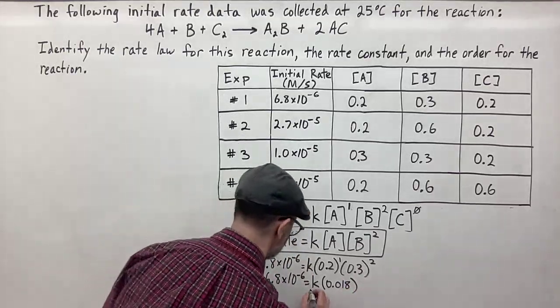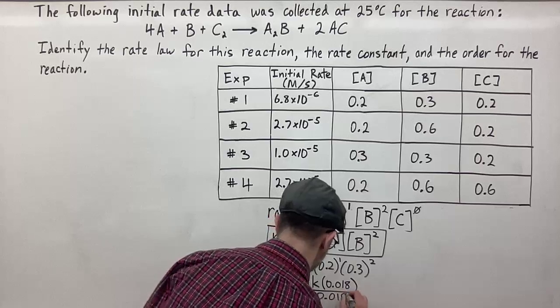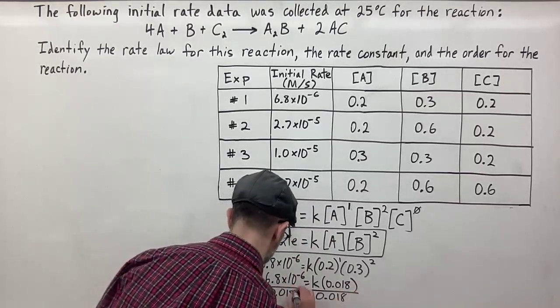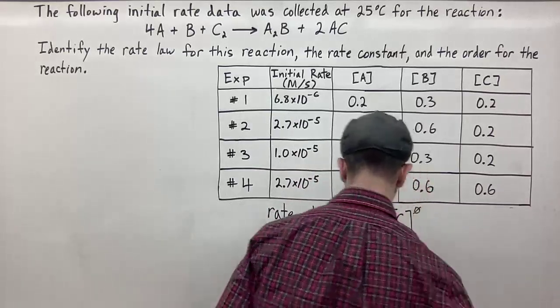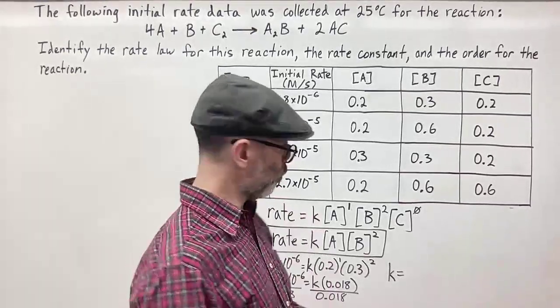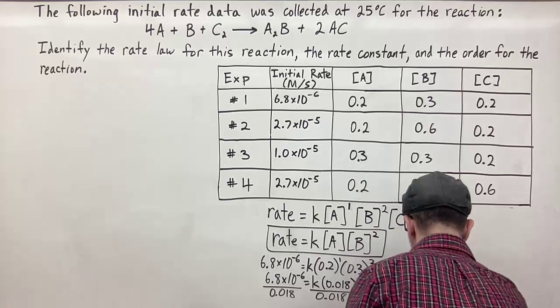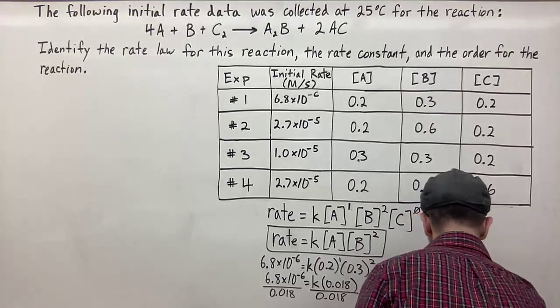Now I just divide both sides by 0.018. And I get K is equal to 3.78 times 10 to the negative 4.